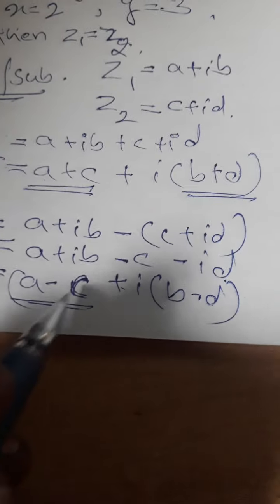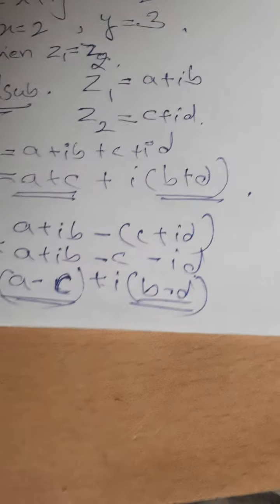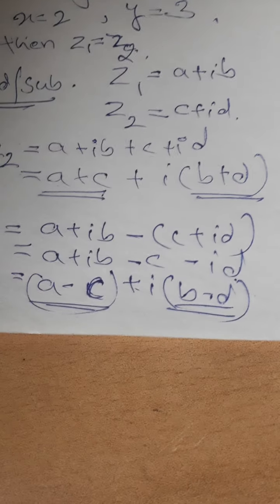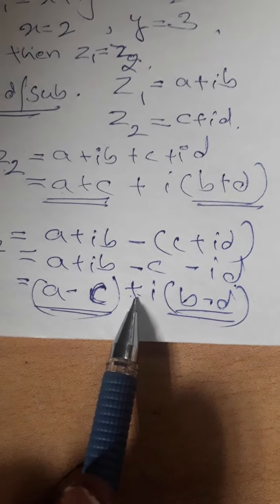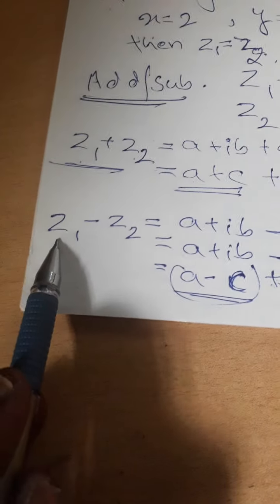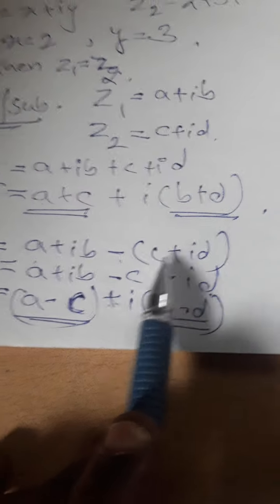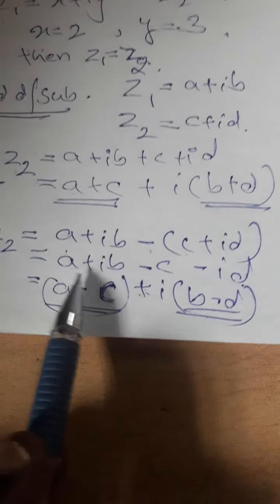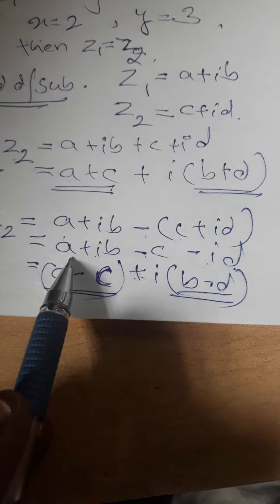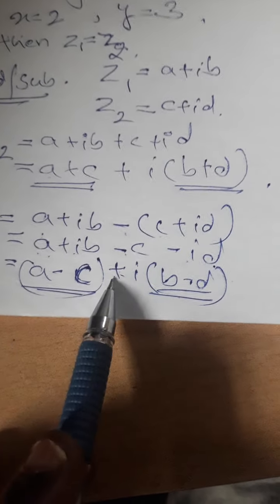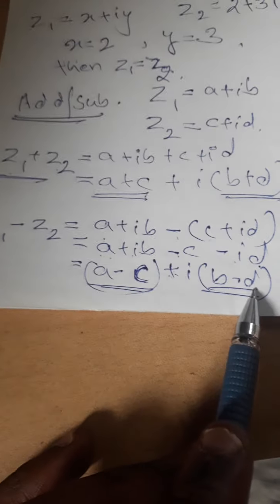Here you are subtracting the real parts, and here you are subtracting the imaginary parts. Here I take the plus sign to represent it as a complex number. This is how you subtract.